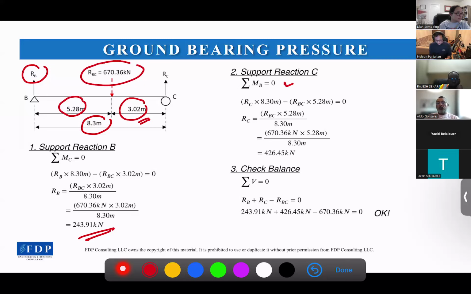Then we get RC times 8.3, the total distance to B, minus RBC times 5.28, the distance from RBC to point B. So we get RC equals 426.45 kilonewtons. Then we check the equilibrium equals 0, and our calculation for the reaction is correct.